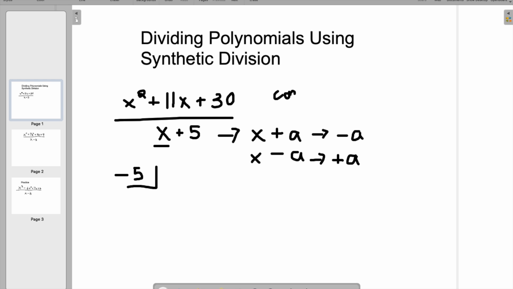So in this equation, the coefficients are 1, 11, and 30. You want to write them on the right side of the L. So 1, 11, and 30.